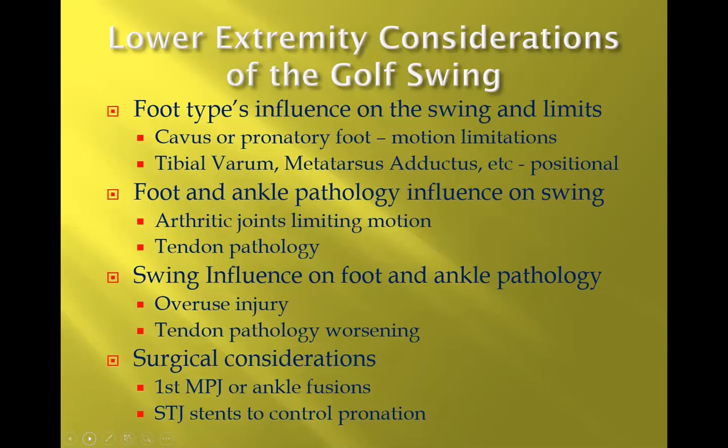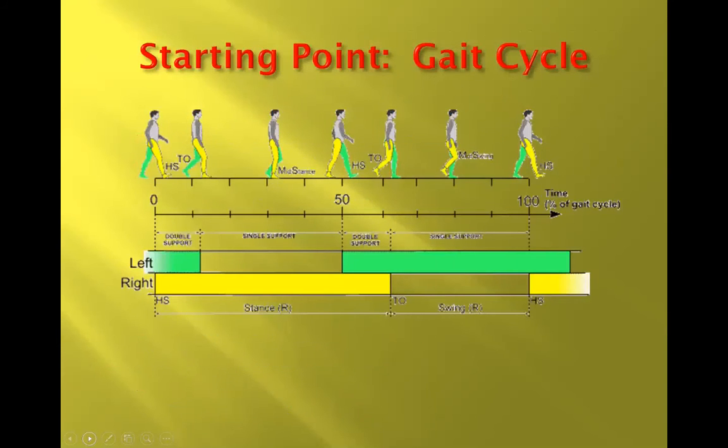And certainly arthritic conditions or joints that have been treated with fusion because of their arthritic conditions, that lack of motion at that joint, is definitely going to change the way you golf. And again, really these types of considerations have not been studied at all in the field of golf.